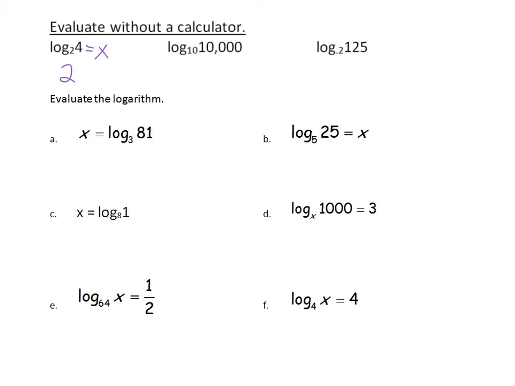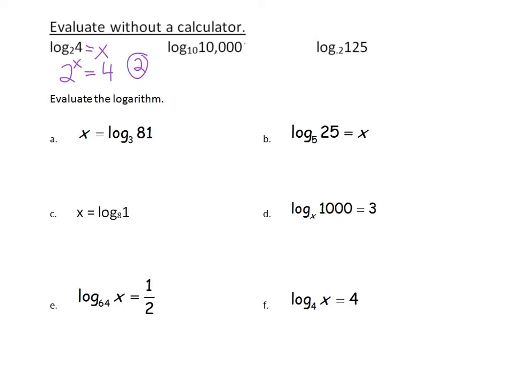Well, our base is 2. Our exponent is x, because our exponent is always what the log equals, and that equals 4. So, 2 to what power equals 4? Well, the answer there is 2. 2 to the second power is 4.